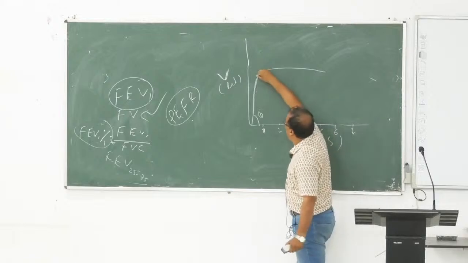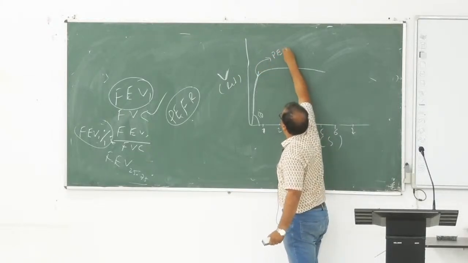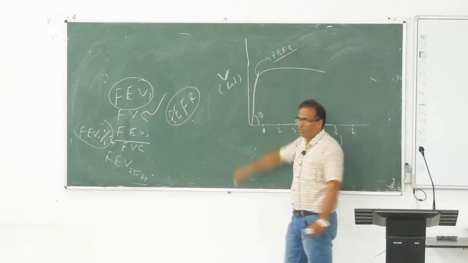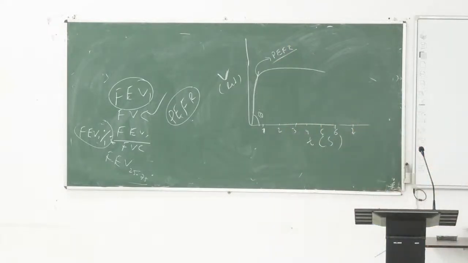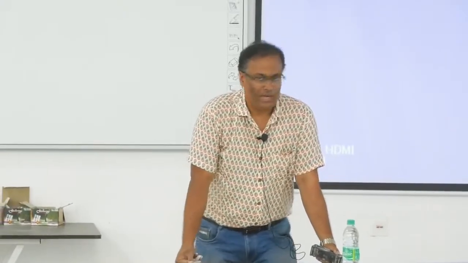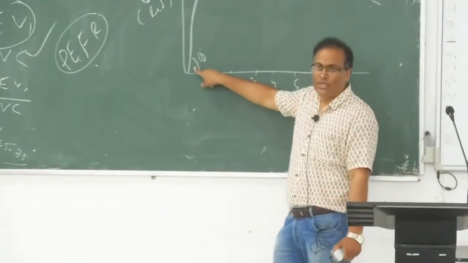So it is the peak level. Peak means what? Peak expiratory flow rate, up to which, whatever you do, you can't increase the flow. That is the peak expiratory flow rate, and it is based upon this angle theta.